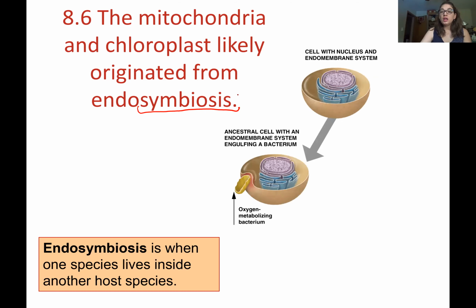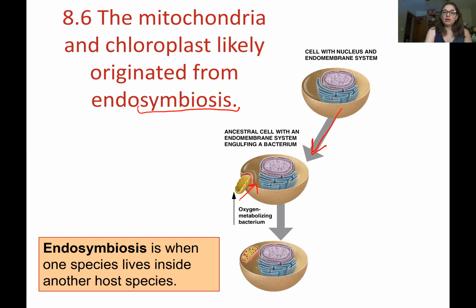So what is thought to have occurred is we first would have to have a cell form that endomembrane system first. Then after that, at some point in time, it is believed that a bacterium that metabolizes oxygen was taken into the cell, which formed that double membrane, which eventually became mitochondria.